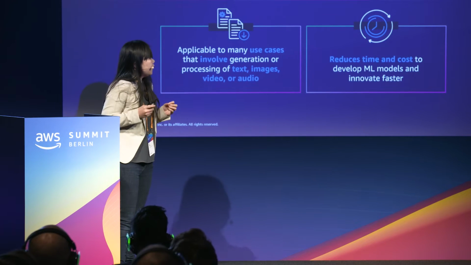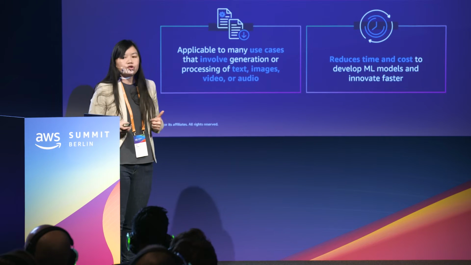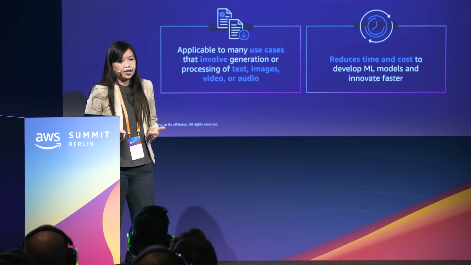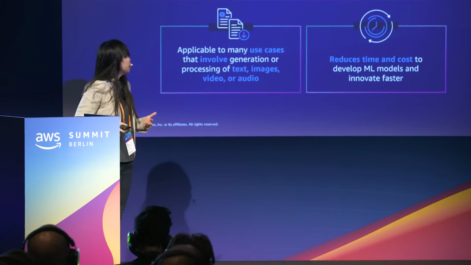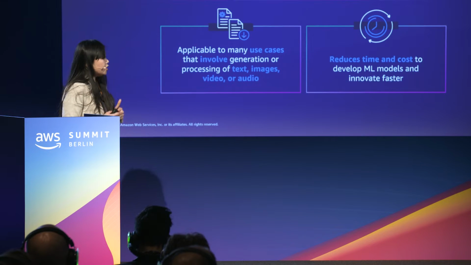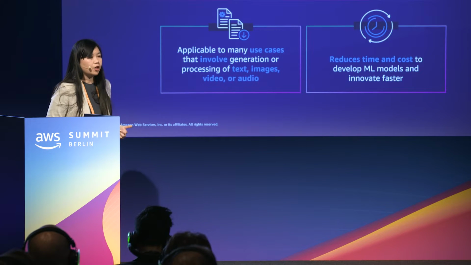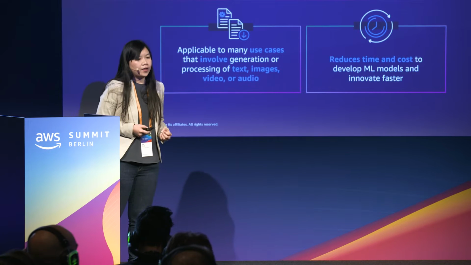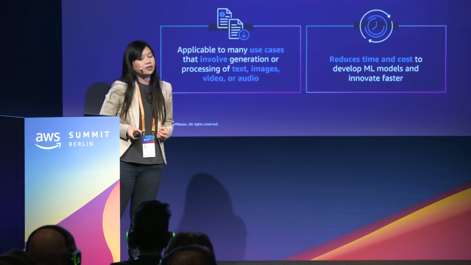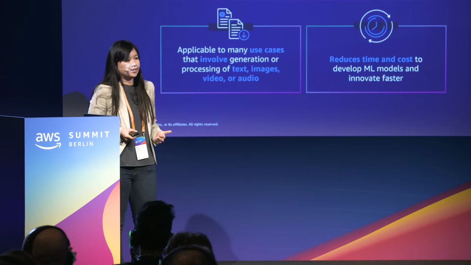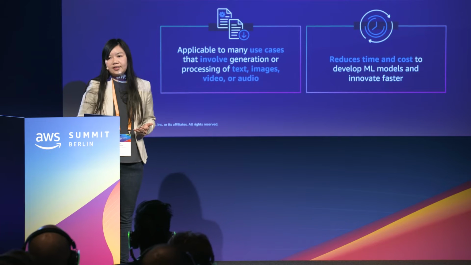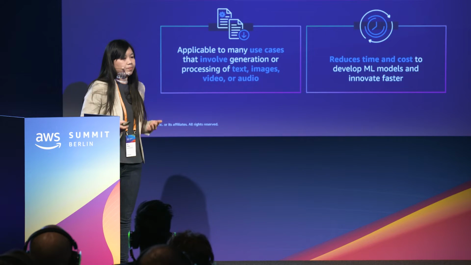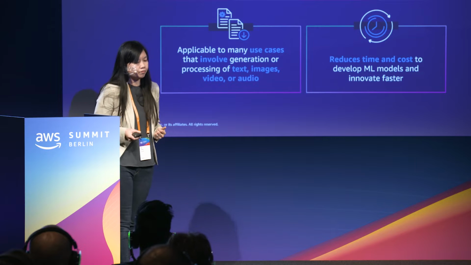So that's how we start the story of talking about billions or trillions of parameters in a machine learning model. And when it comes to the use cases, the model itself helps us generate content. The content could include text, images, audio, and video.